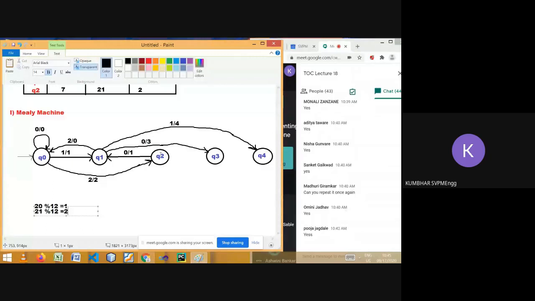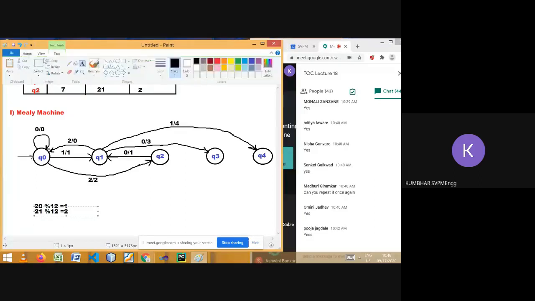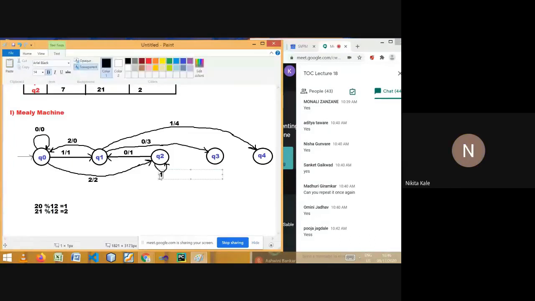Do you agree? Q2 goes to itself after reading 1. So there will be a self loop, because the 2 remainder state is the same state in which we are reading. Input is 1 and output is 2 remainder. So output will be 2.